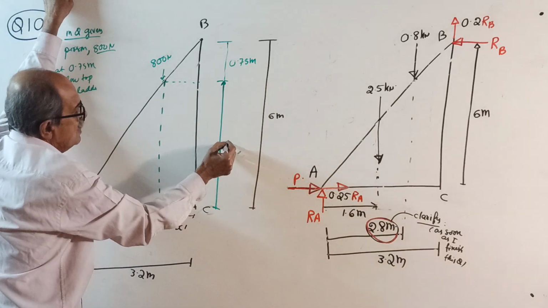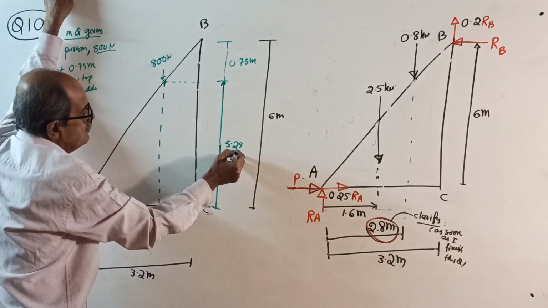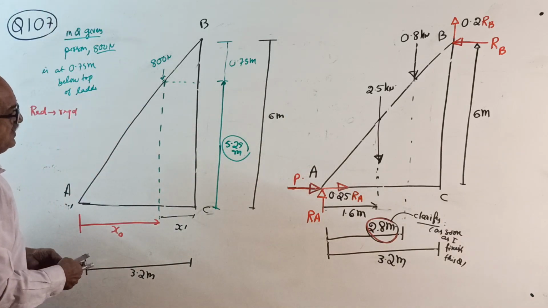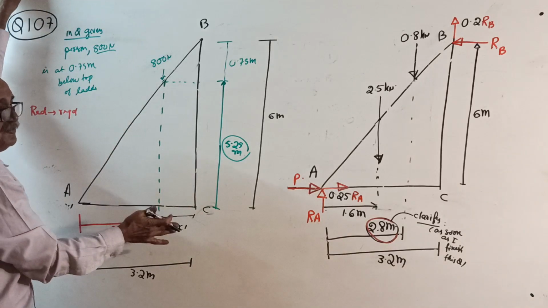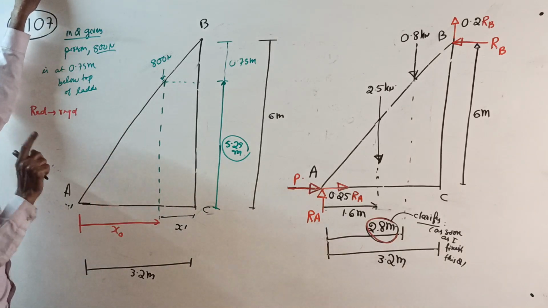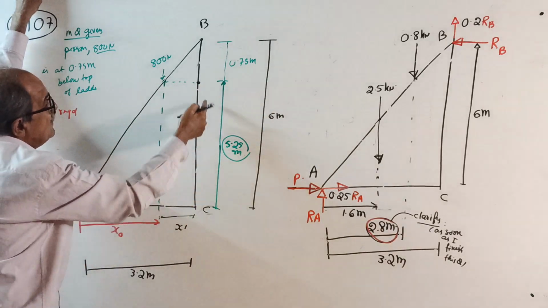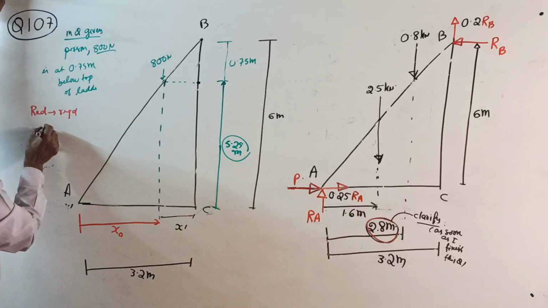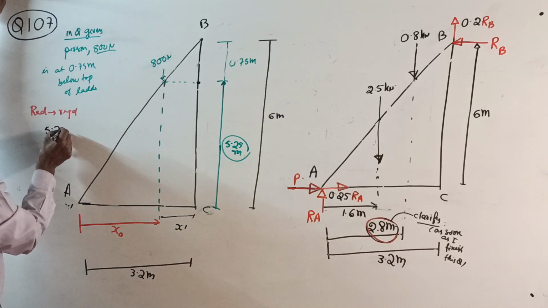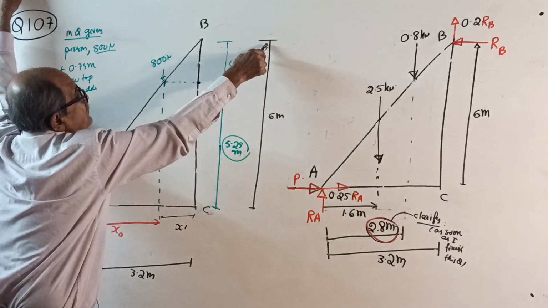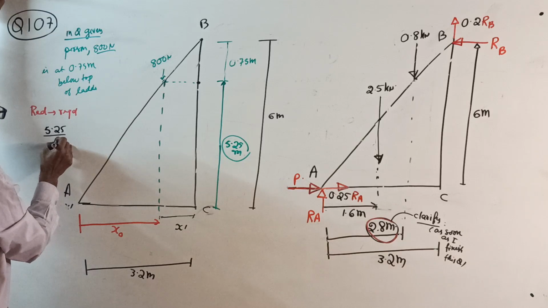I need not show that calculation because nobody is that much weak in mathematics. 5.25. Now do one thing. Now see here. See, this is by relative position. This point from bottom is at 5.25. So, that 5.25 distance from here to here is with respect to 6, divided by 6.